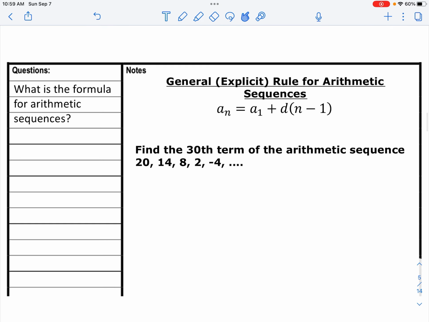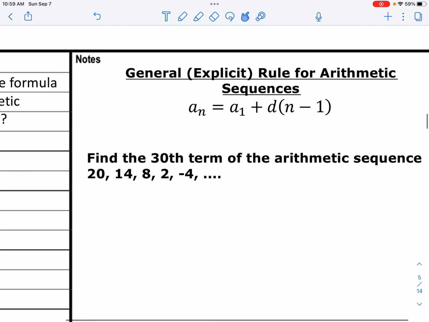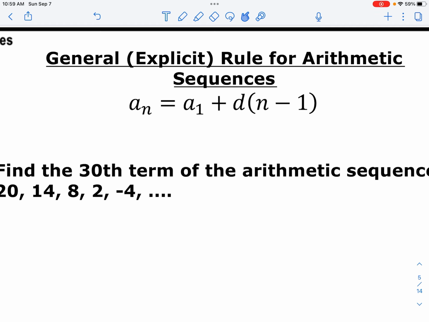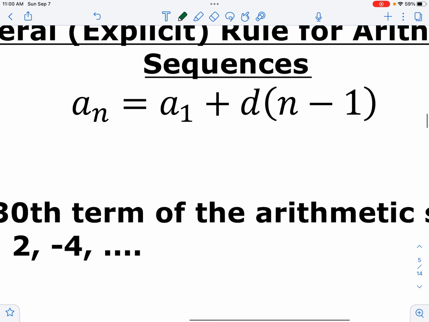Okay, so the general rule, or explicit rule, for an arithmetic sequence is this right here. a sub n is equal to a sub 1 plus the common difference times n minus 1. So remember a couple of things. This just means first term.